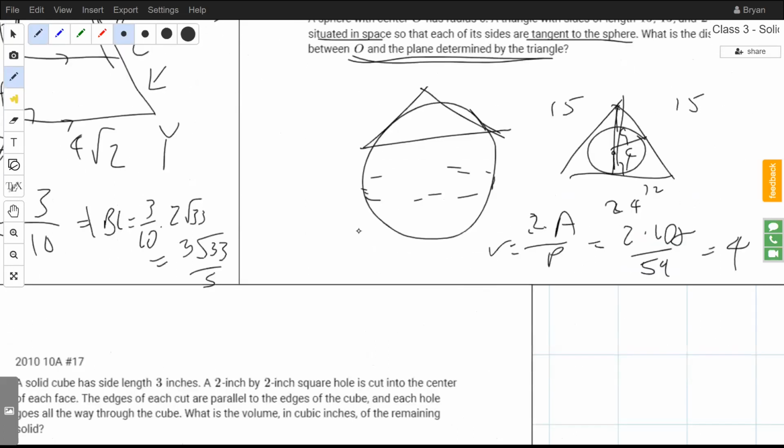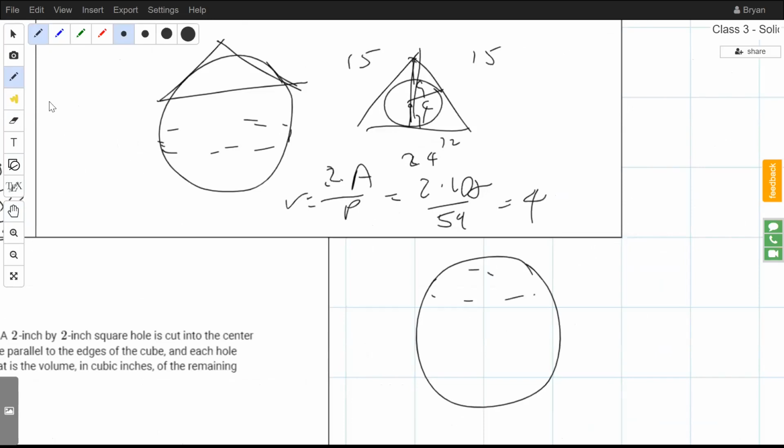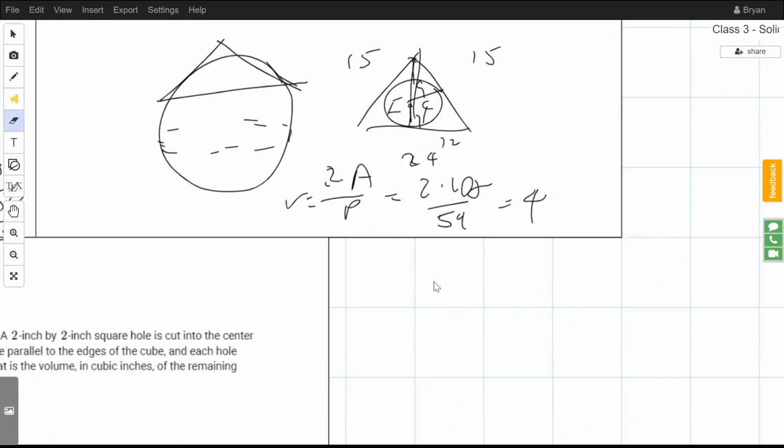So this means that we need a vertical cross section that includes the center O. If we draw this again, the vertical cross section is still going to be a circle since it's a sphere, and we know that we have this circle here with radius of 4. Let's just call this point I. We know that I is this point in the cross section, so it's not 3-dimensional, and I don't have to draw it like this.